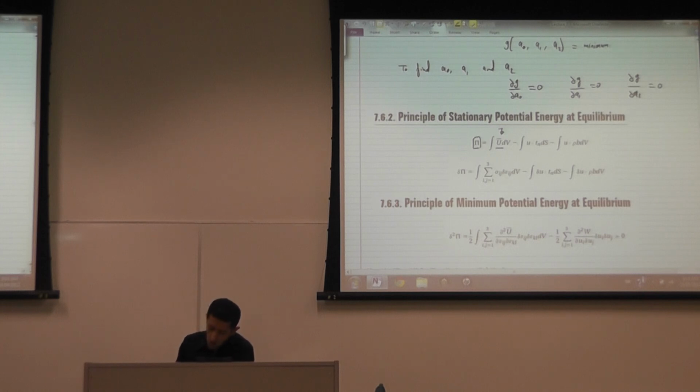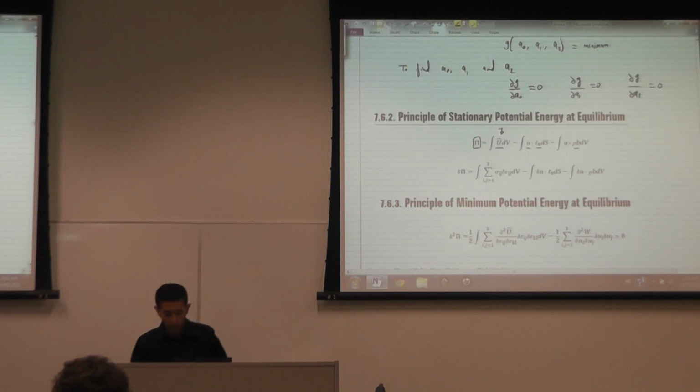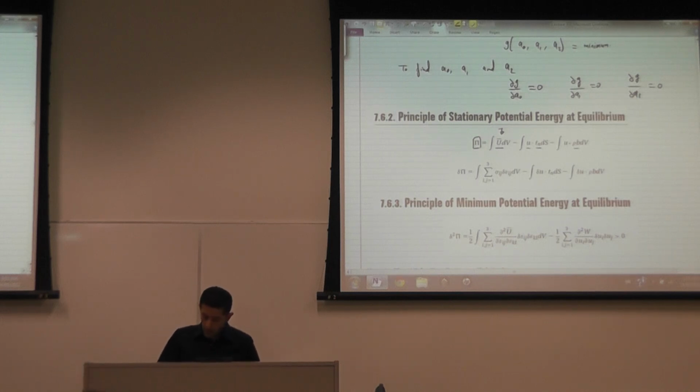The work done by the external forces is equal to the traction vectors on the surface multiplied by the displacement, minus the work done by the body force vectors during the displacement u, so the dot product between u and rho b.